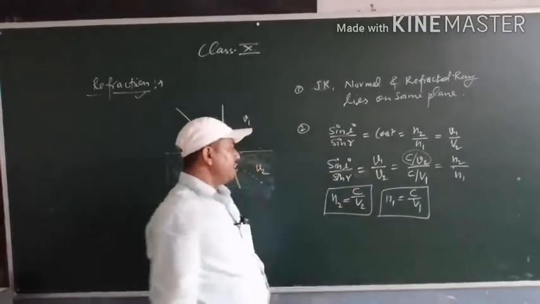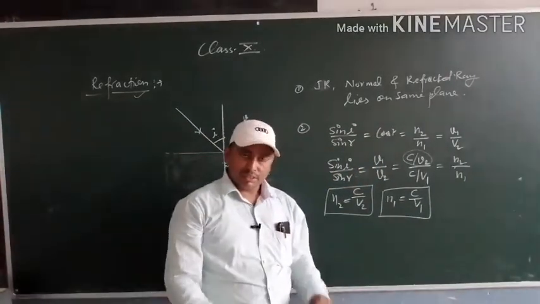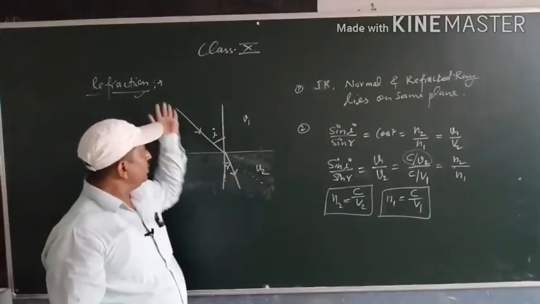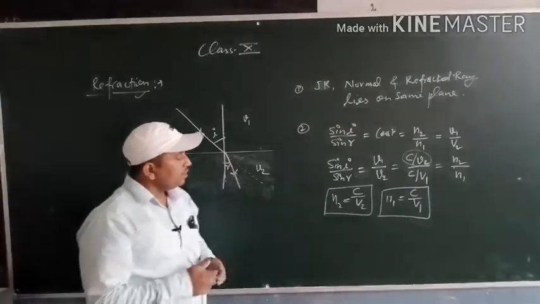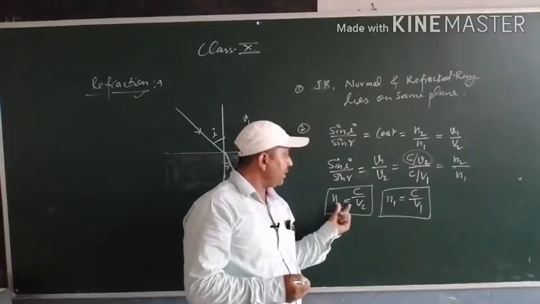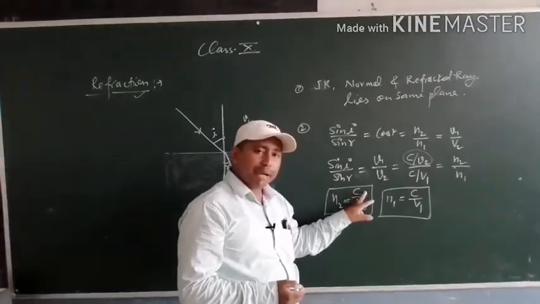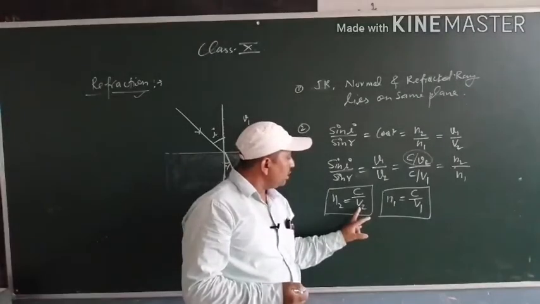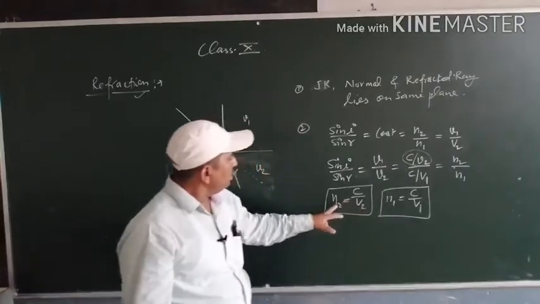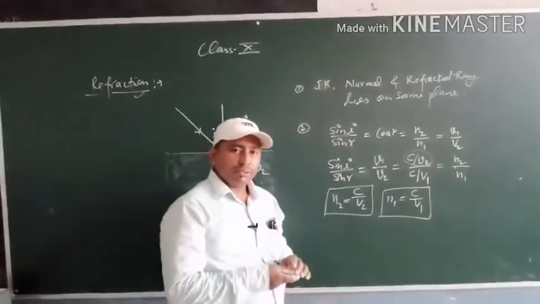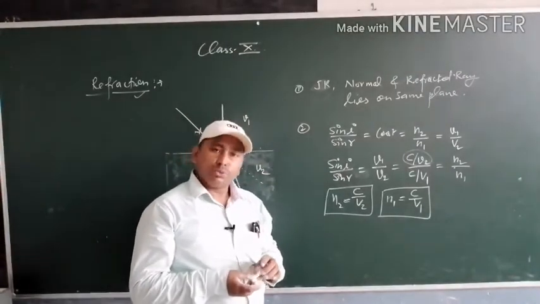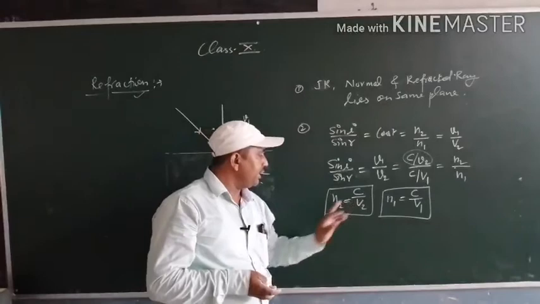Here N1 and N2 are both the refractive indices of the media from where light is incident and transmitted. The refractive index of any medium can be defined as the ratio of the speed of light in vacuum to the speed in the medium.